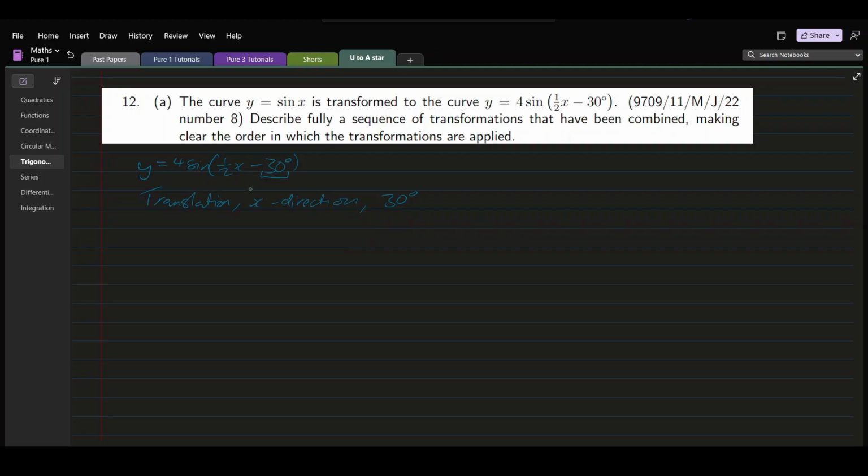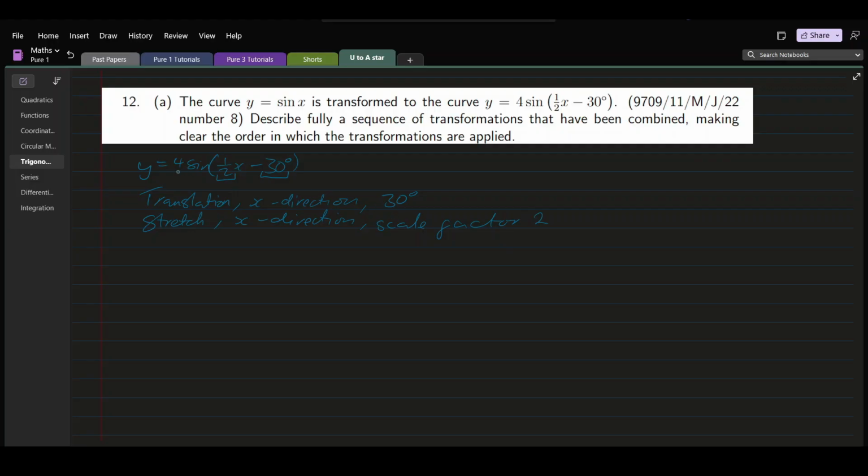And then the next transformation that we have is this half x, that is a stretch in the x direction by a scale factor of, our scale factor is the reciprocal of that number that you see, so our scale factor is 2.